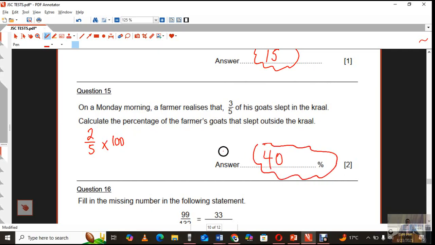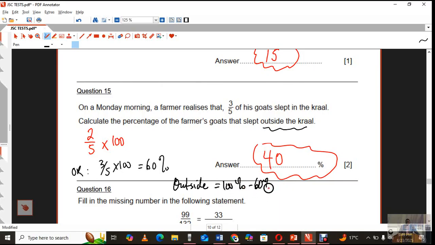Now, there are other ways and means that you can address this. You could also say, okay, well, if I calculate 3/5 of that, that gives me 60%. But now the ones outside, so the percentage of outside would be 100% minus 60%, which still generates the same answer of 40%.